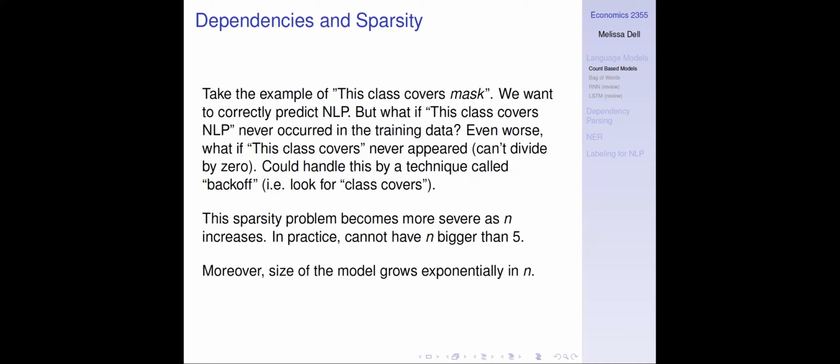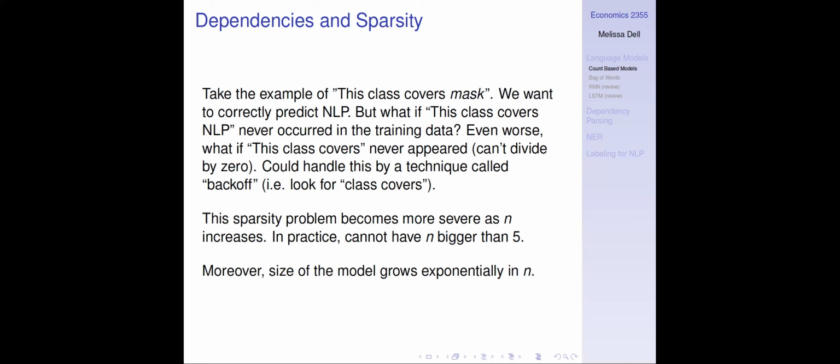Well, you can't divide by 0. So now you really have a problem. Your model is undefined. The way that people did try to deal with this is to use a technique called backoff, where if this class covers doesn't appear, they would just look and see if class covers appears. If class covers doesn't appear in the training data, you just look if covers appears.